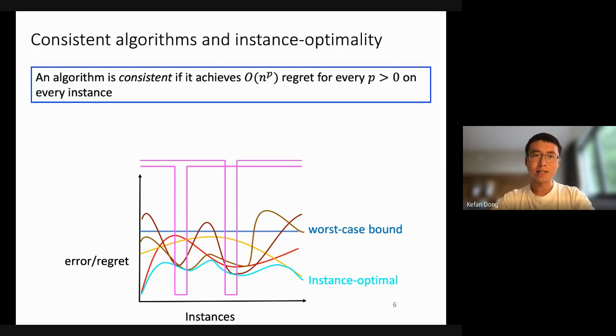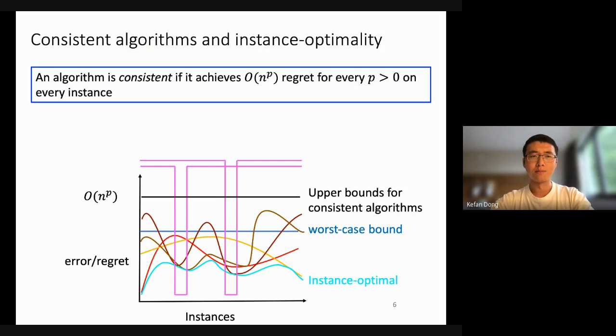Mathematically speaking, an algorithm is called consistent if it achieves n to the p regret for every p bigger than 0 on every instance. This means we put an upper bound on the regret for every consistent algorithm.